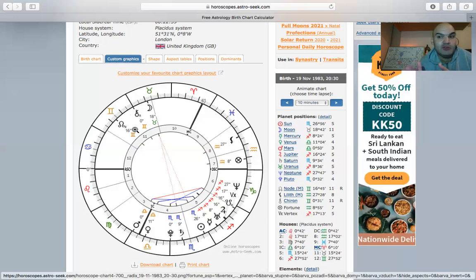So that's how you would look at it medically. Once you know each sign is related to a particular part of the body, you can see where you have concentrated energy biologically as well.